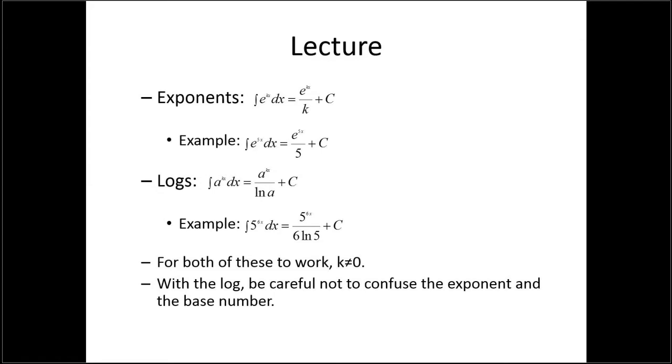And to check that you're right, obviously, you could take the derivative of what's on the right and you better get what's on the left. So again, integrals and derivatives undo each other. And similarly, for logarithms, you have the integral of a to the kx.